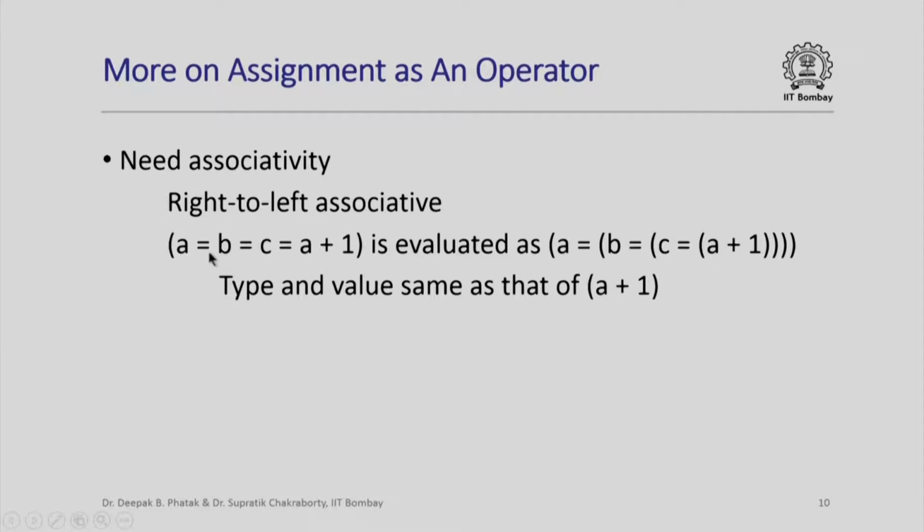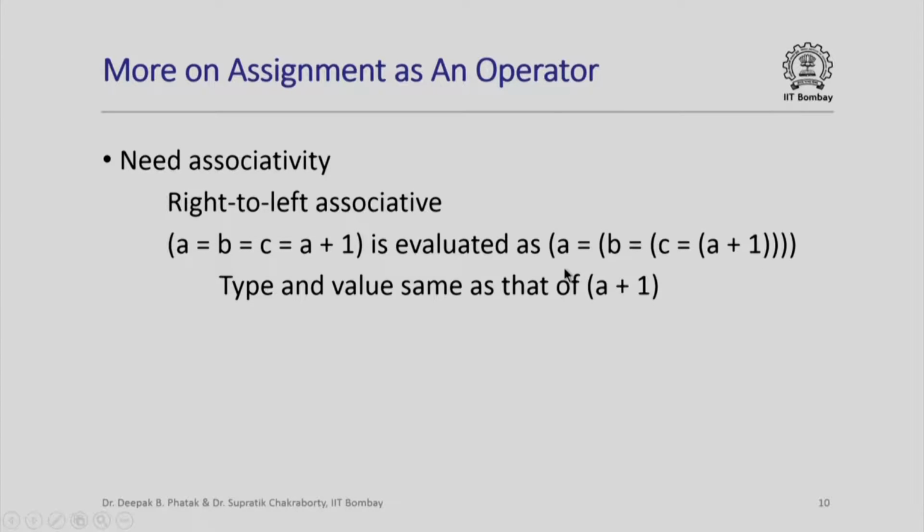Now, among the three assignment operators, because it is right to left associative, the rightmost one will be evaluated. So this is the assignment expression C assigned A plus 1 that will be evaluated first, then B assigned this assignment expression will be evaluated next, and finally A assigned this entire assignment expression, which is B assigned C assigned A plus 1, will be evaluated finally.